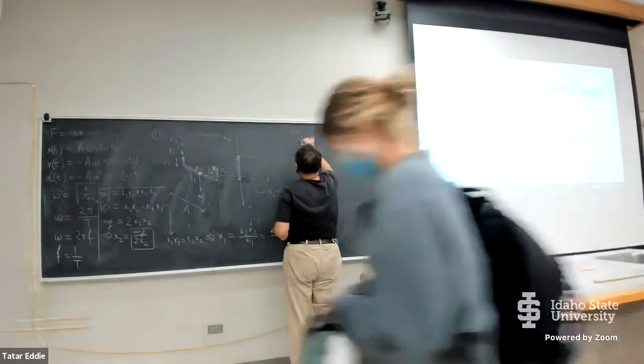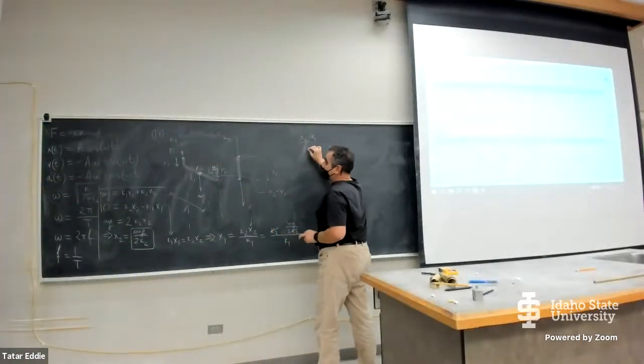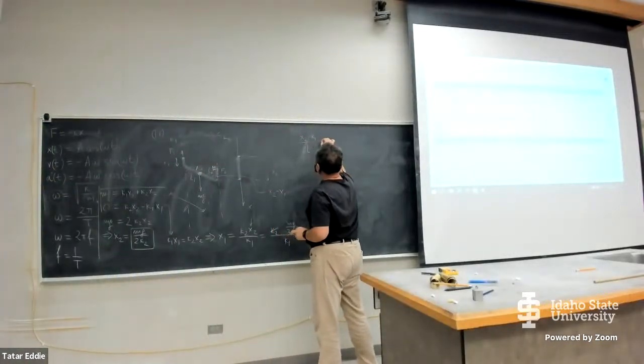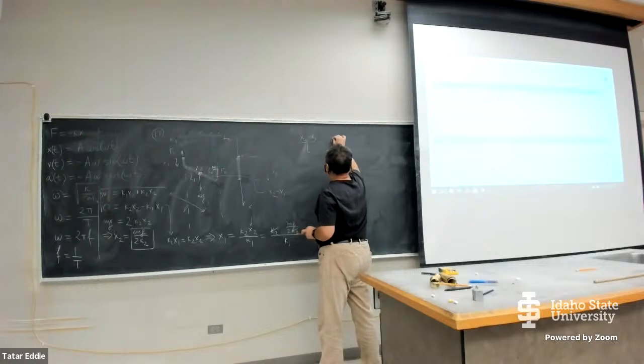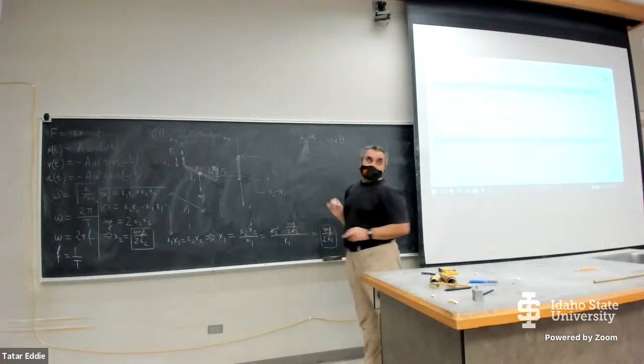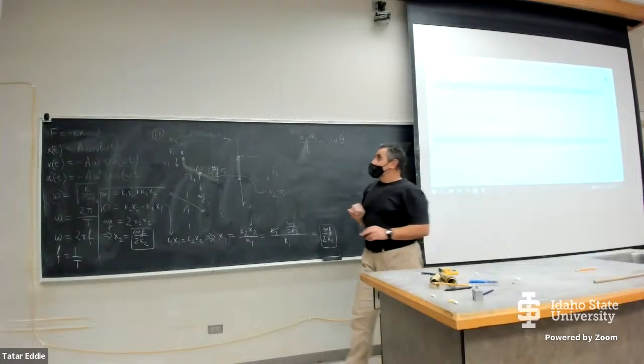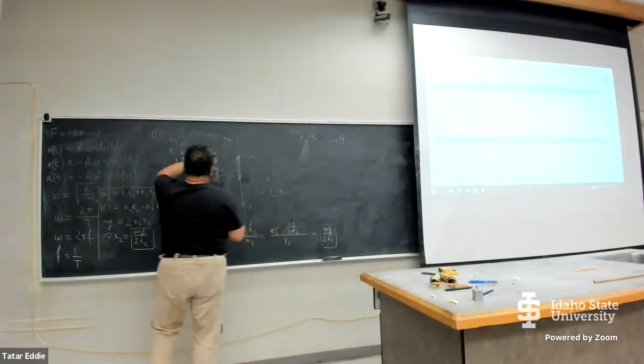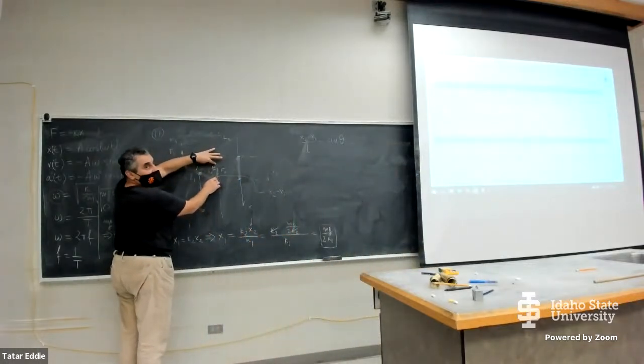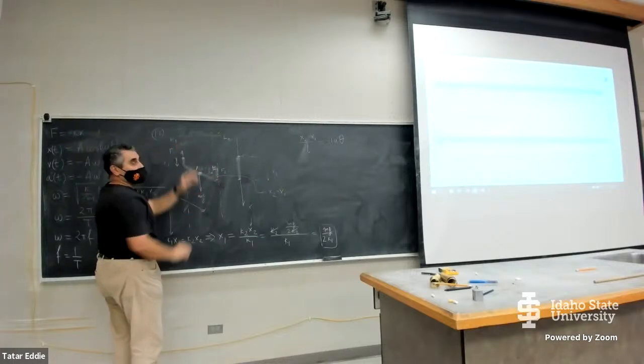I can say x2 minus x1, that length, divided by the hypotenuse, by definition, is exactly sine of the angle theta. The definition for sine is the side opposite to the angle divided by the hypotenuse.